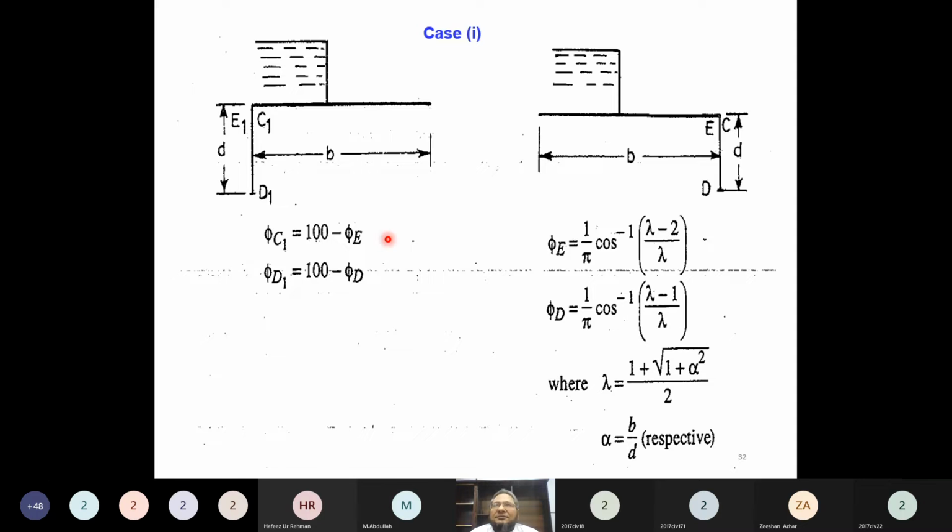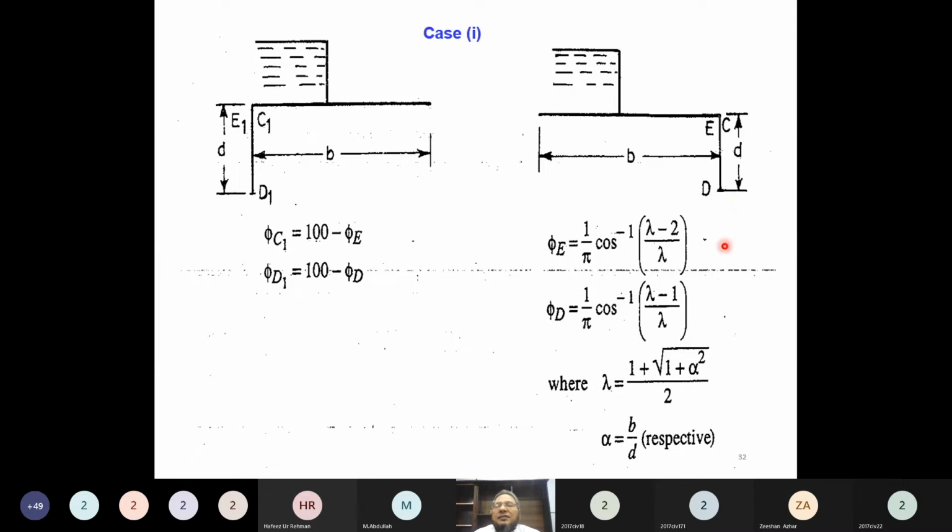What should it be? In percentage? So in this way you can get phi C1. And what is the phi D1? Phi C1 is equal to what? Uplift pressure 100 minus phi E, and phi E here is the pressure head. What is the phi D1 equal to? How much pressure will be here? So that would be 100 minus phi D, and D is the uplift pressure at point D here.